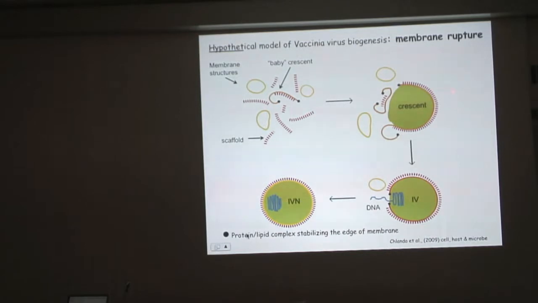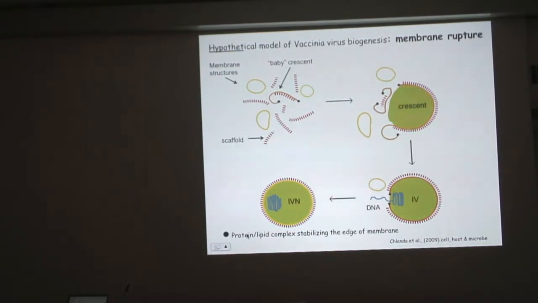And then the crescent starts growing around these core proteins here in the middle of the virus. And as the crescent membrane grows, more and more of these open membranes contribute to its growth, such that eventually it's entirely spherical.